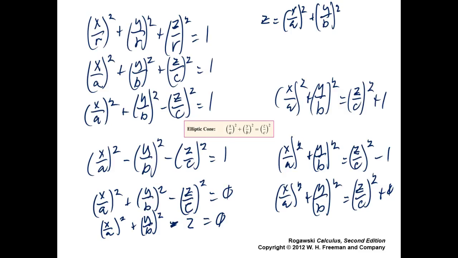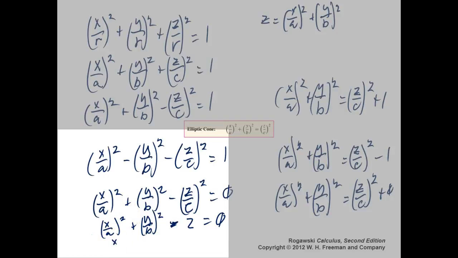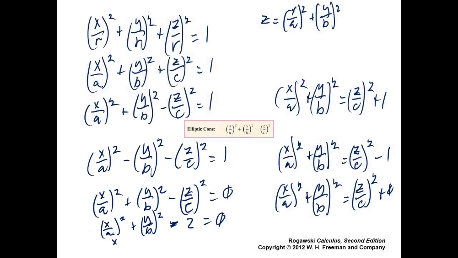Now, go back to the last form. I can't get it down there, sorry, I'll do it up here: x over a squared minus y over b squared, minus z is equal to 0.